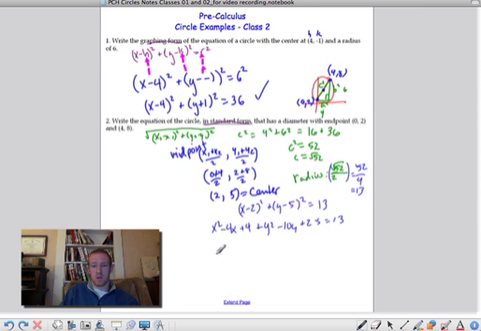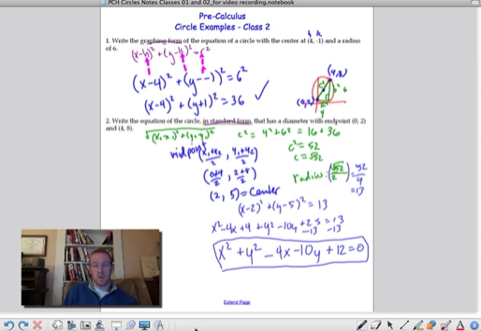So we got x squared plus y squared. There's no xy term, so we just got minus 4x minus 10y, and we want to subtract this 13 over, so it equals 0, and that gives us a plus 12 equals 0. There is our standard form of our circle.